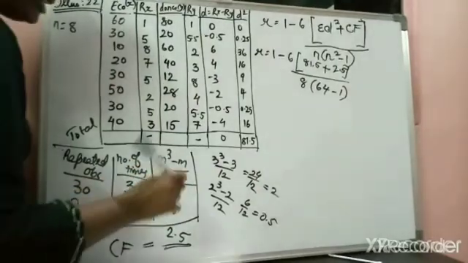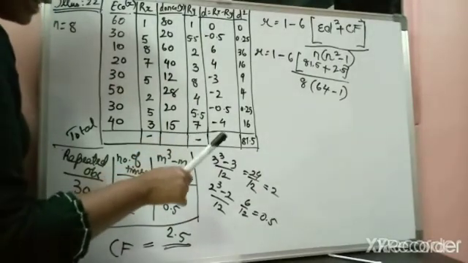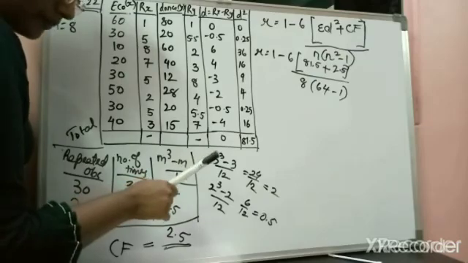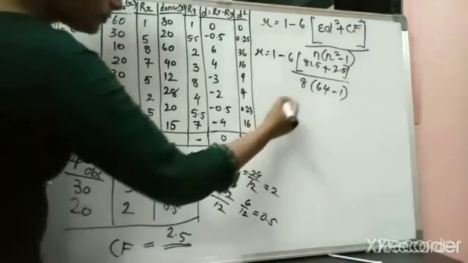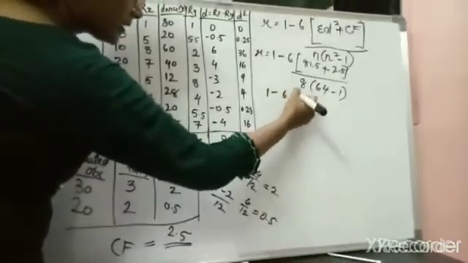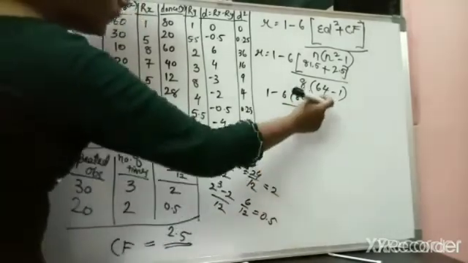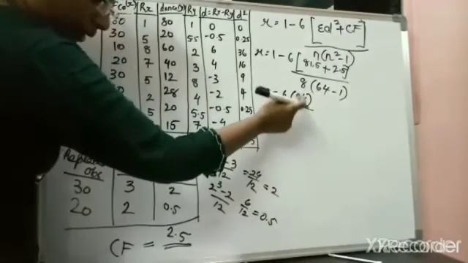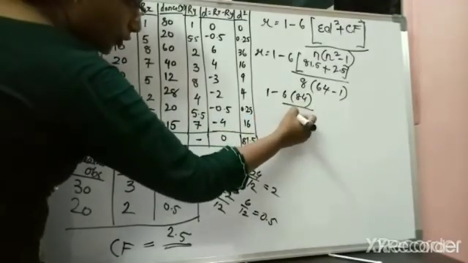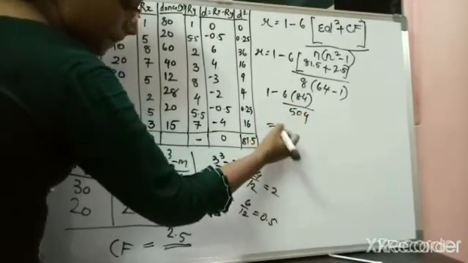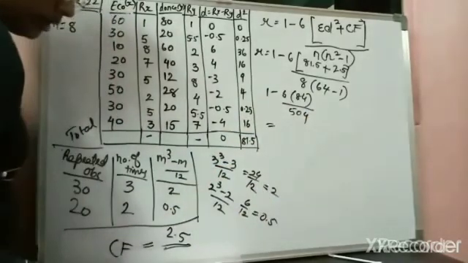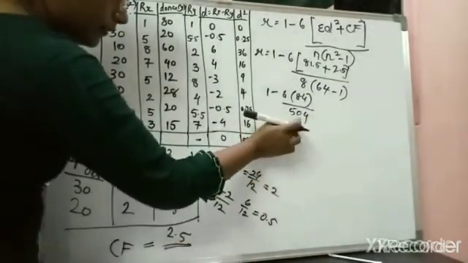So 81.5 plus 2.5 would be 84. So 1 minus 6 into 84 divided by 64 minus 1, 63 into 8 is 504. You can do it in your calci. Then afterwards I am writing down the whole answer. Down you have to do the further calculation.